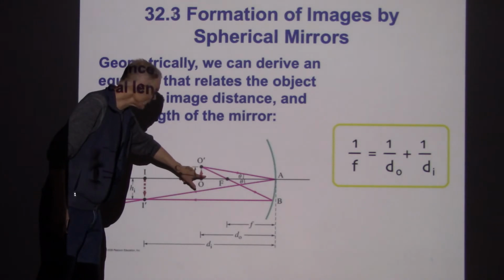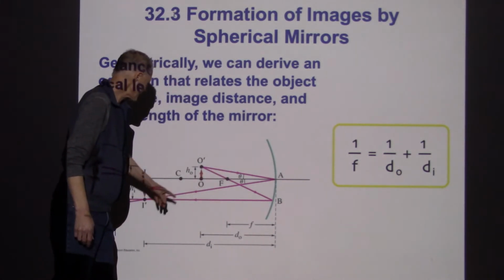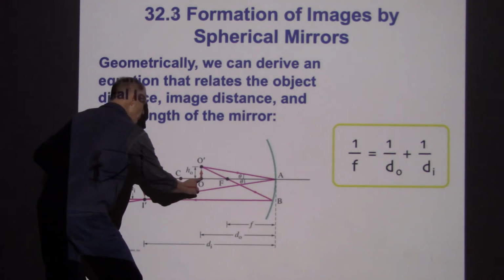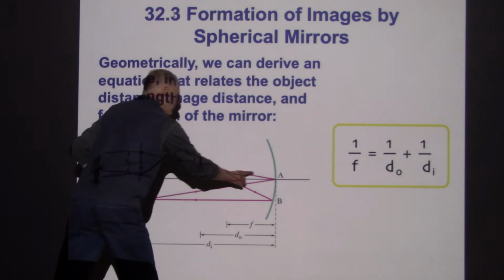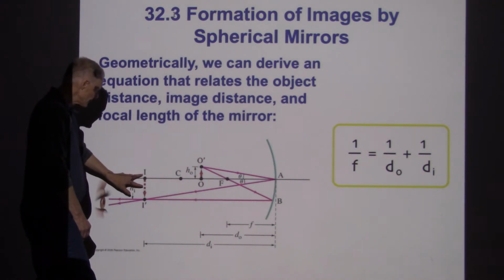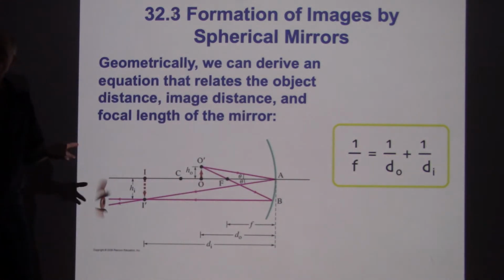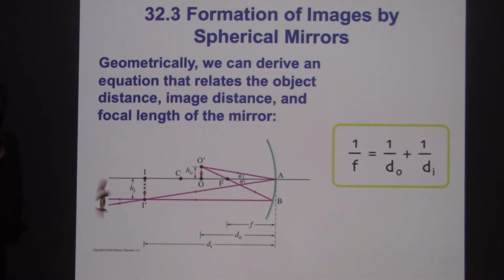There is a right angle here. There is an angle theta here, and that's for the triangle O prime A. And then we have another triangle, which is I prime A. And those two triangles are similar, which means we can set ratios of sides to each other.